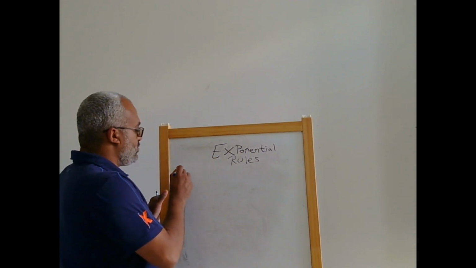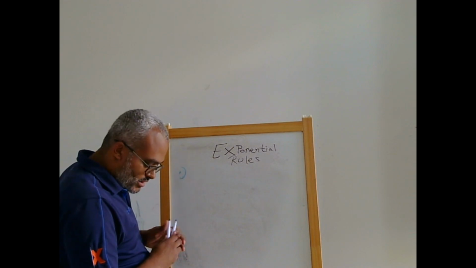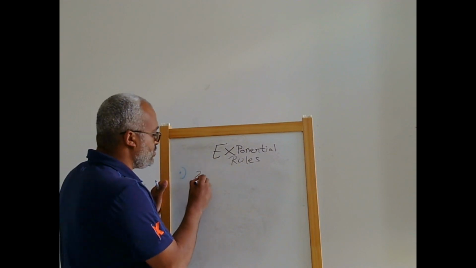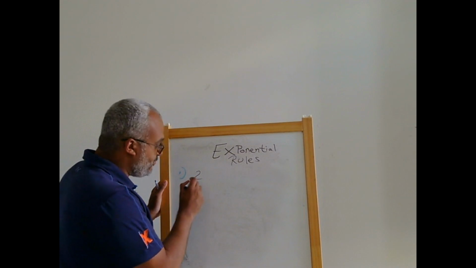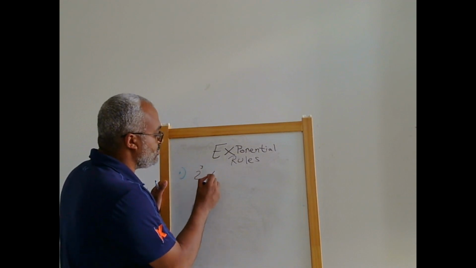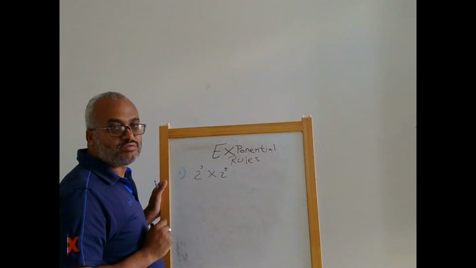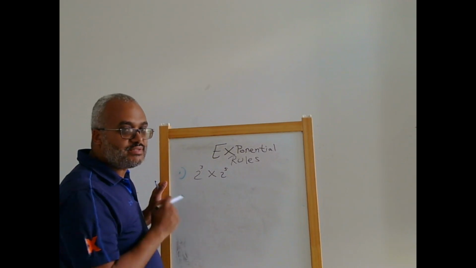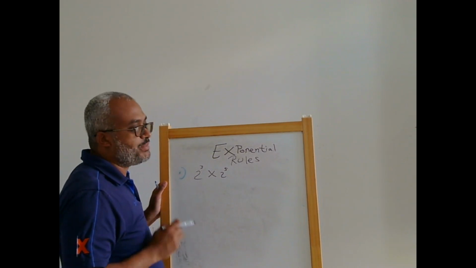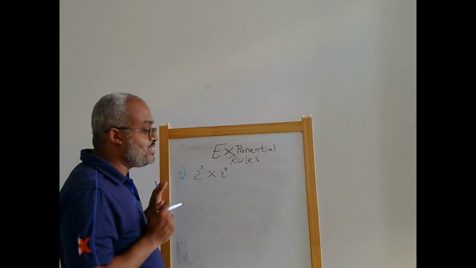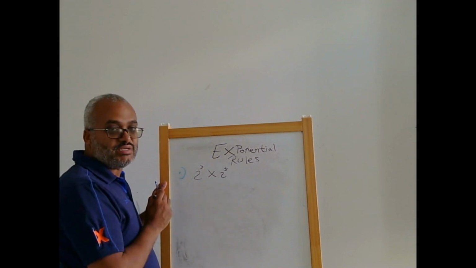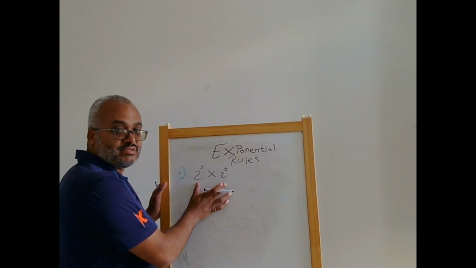So let's do an example. I have 2 to the power of 3 times 2 to the power of 5. Which rule is this one? This is the product rule, because it's multiplication with the same base.